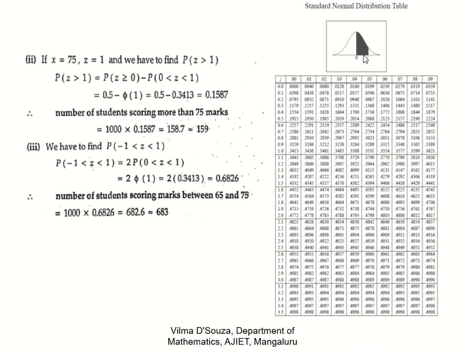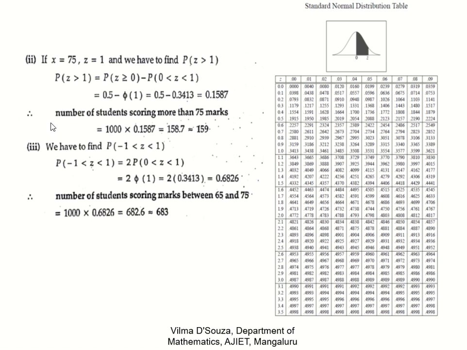The area under the curve from 1 to infinity is the area under the curve from 0 to infinity minus the area under the curve from 0 to 1. Right? So it is 0.5 minus phi of 1. It's again 0.5 minus 0.3413.